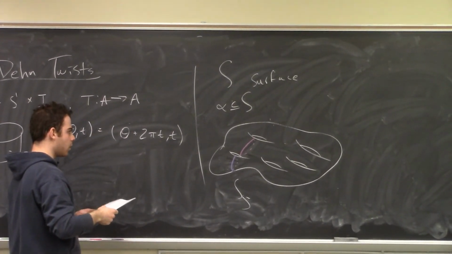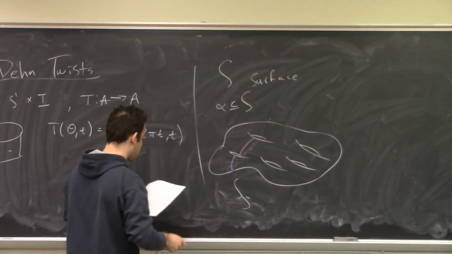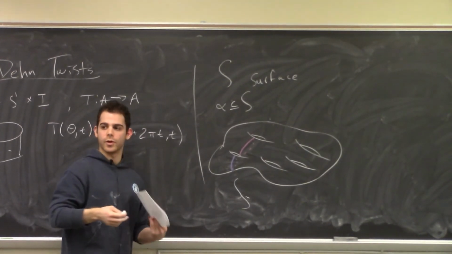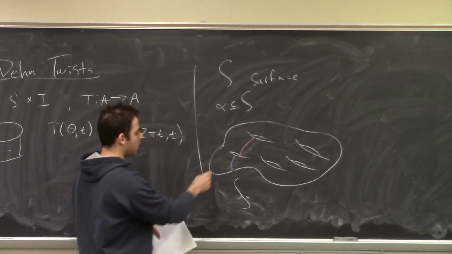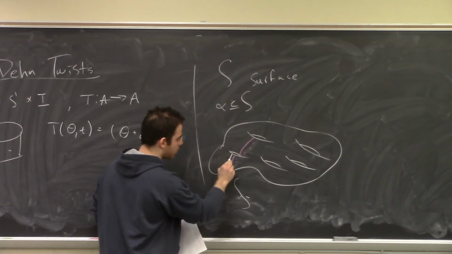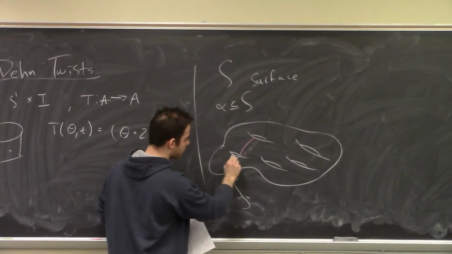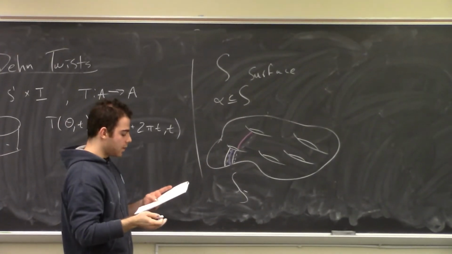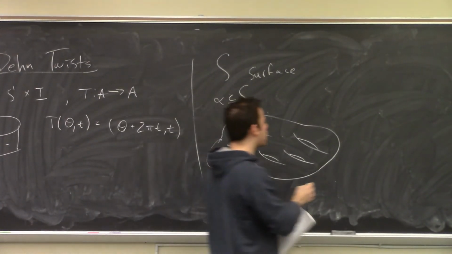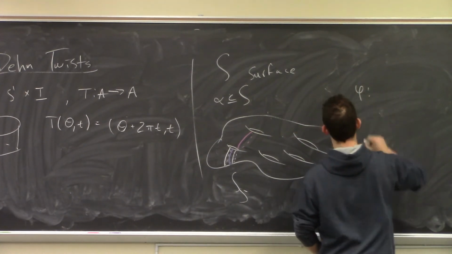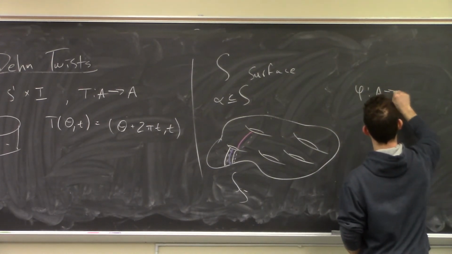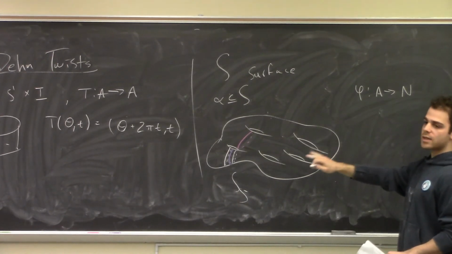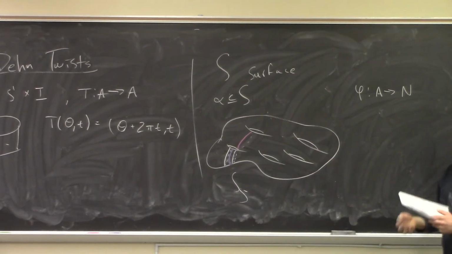So we're going to let alpha be a simple closed curve, and N is going to be a regular neighborhood around alpha. What does that mean? It's going to be some neighborhood which looks like a tube around alpha. And the point here is that you can pick some orientation preserving homeomorphism phi from the annulus to this neighborhood N around the simple closed curve.